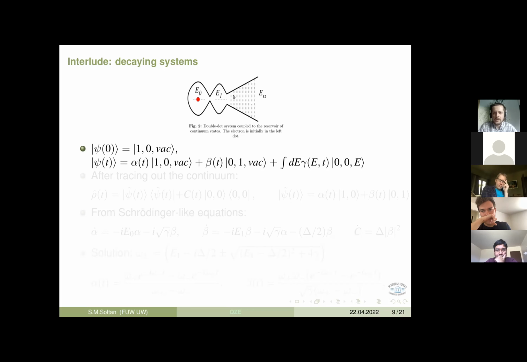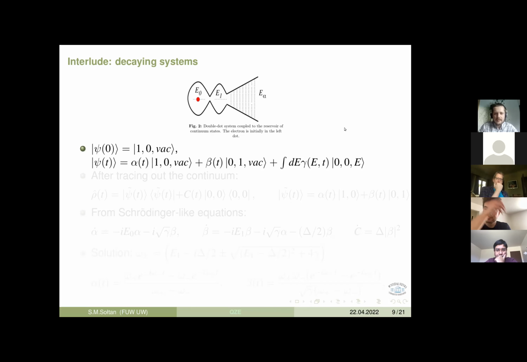And there are no electrons in this pseudo dot or in the spectrum, in the continuum state. Then the physical state after some time might be written as a superposition of such 3 terms.